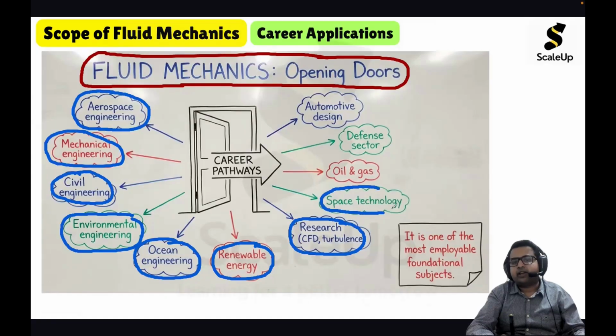Even in space technology, fluid mechanics plays a very important role. Oil and gas, because oil and gas are fluids. Even in the defense sector, fluid mechanics has a role to play.